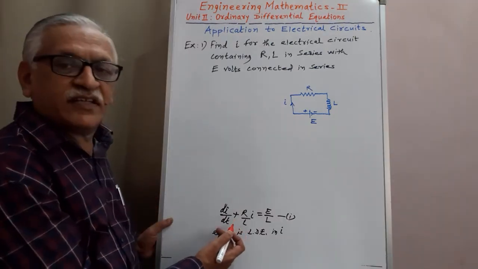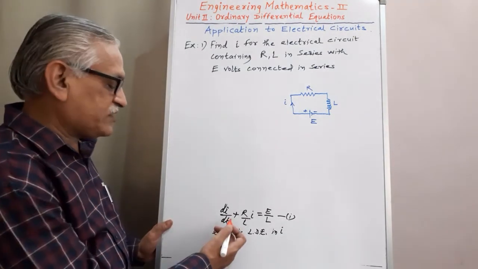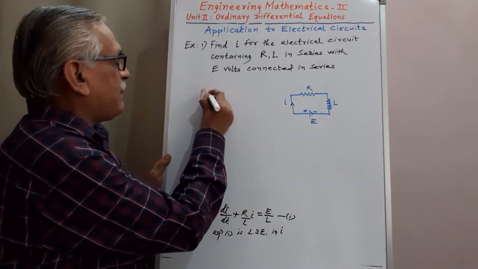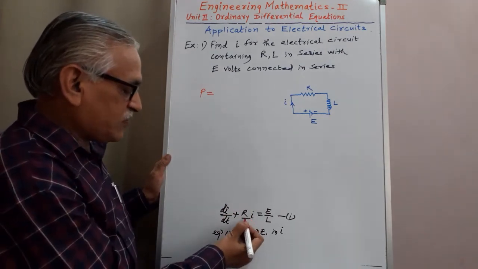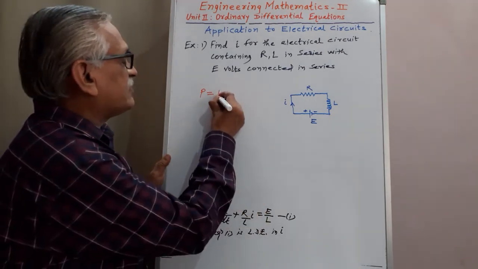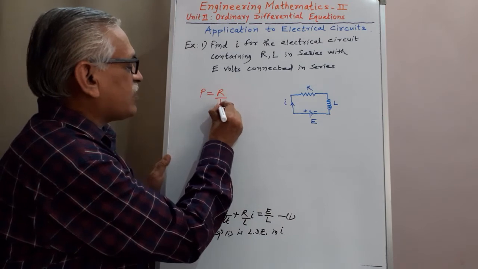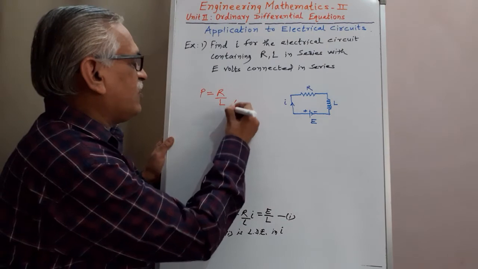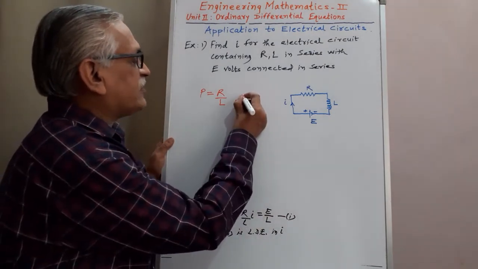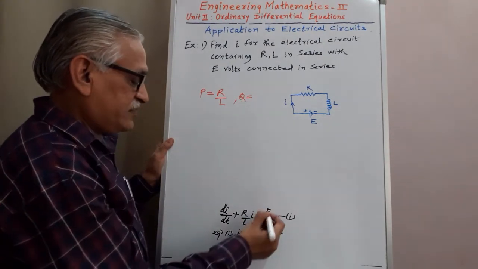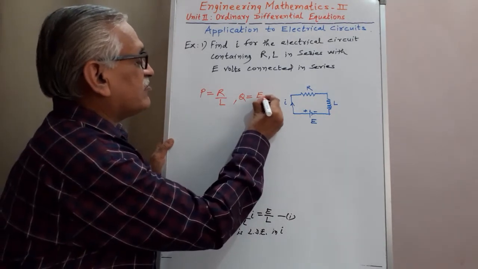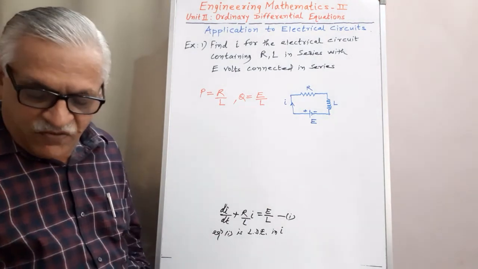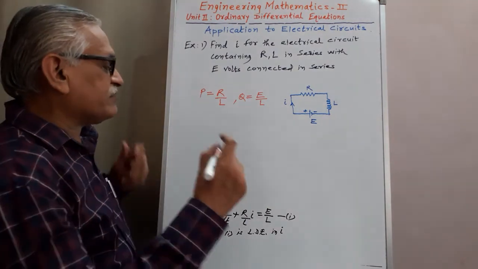Comparing this with the general form of a linear differential equation of first order and first degree, we get capital P as the coefficient of the dependent variable. Here it is R by L. Both are constants, therefore P is a constant value. Q on the right hand side is E by L, again a constant. Then we find the integrating factor.